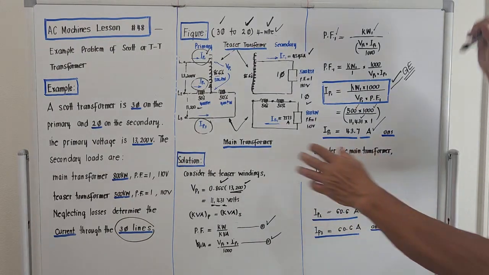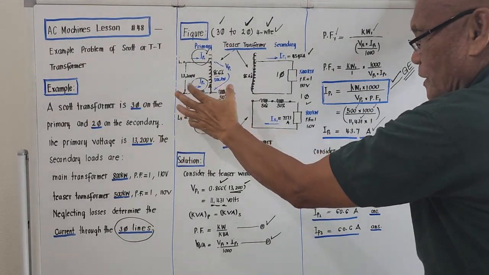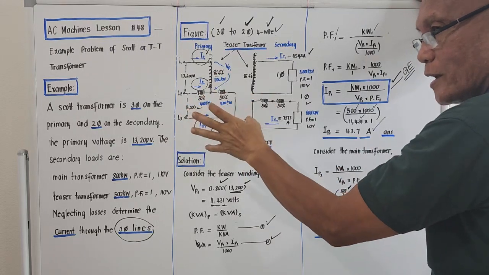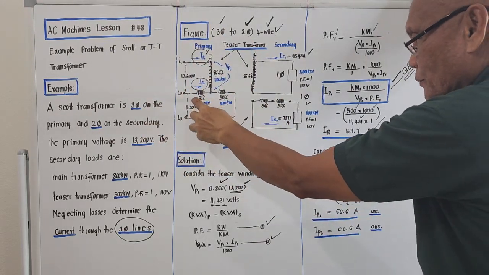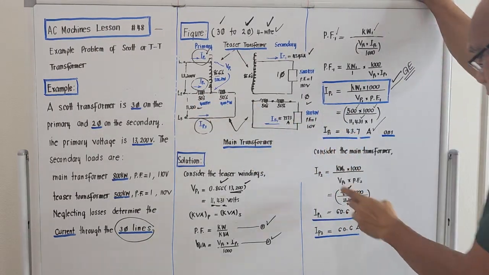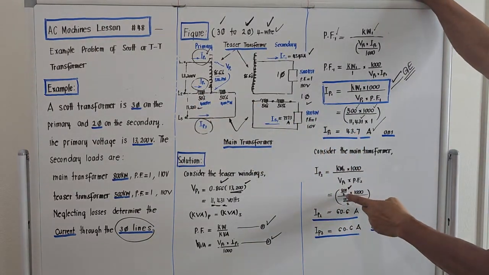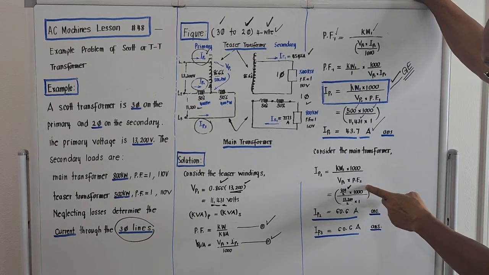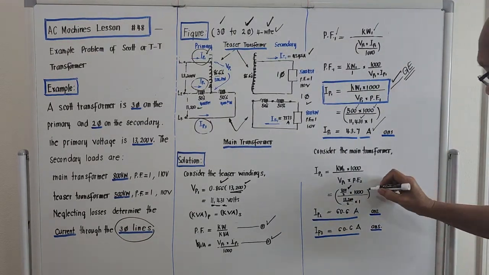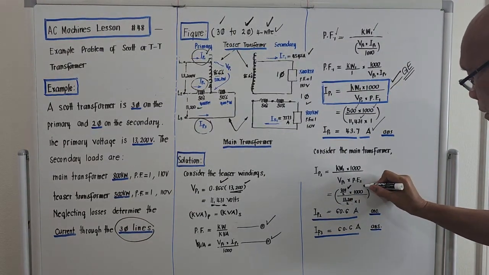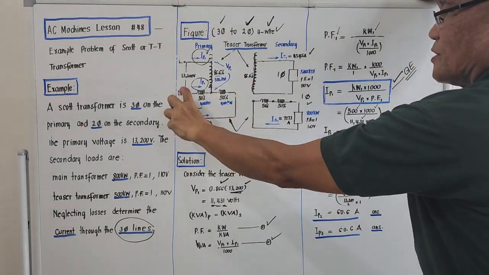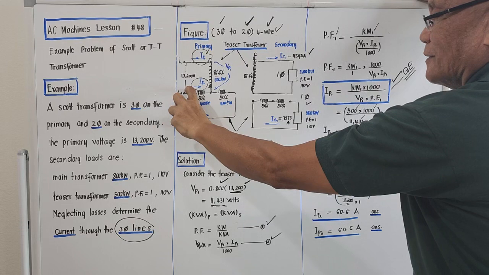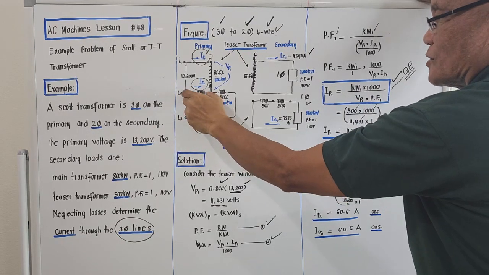To compute for the current passing here, we'll just need the total kilowatt carried by this, and it should be 1/2 or 50% of 800 kilowatts. So this is actually 800 over 2 times the 1000 conversion factor. And the voltage across this, if this is 13,200, this should be 6,600.